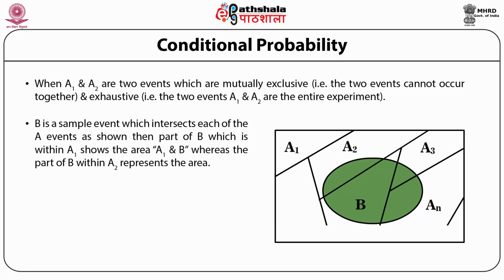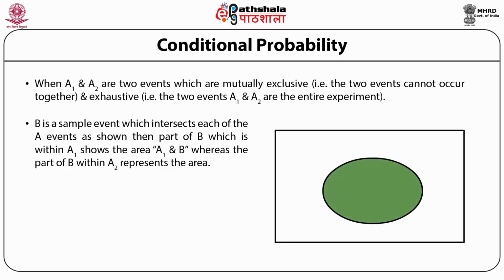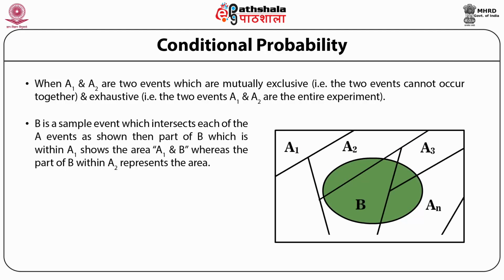The part of B which is within A1 shows the area A1 and B, whereas the part of B within A2 represents the area A2 and B. So if we see in the figure, event B can occur in combination with A1, A2, A3 and so on up to An. This is the basis of Bayes' theorem.